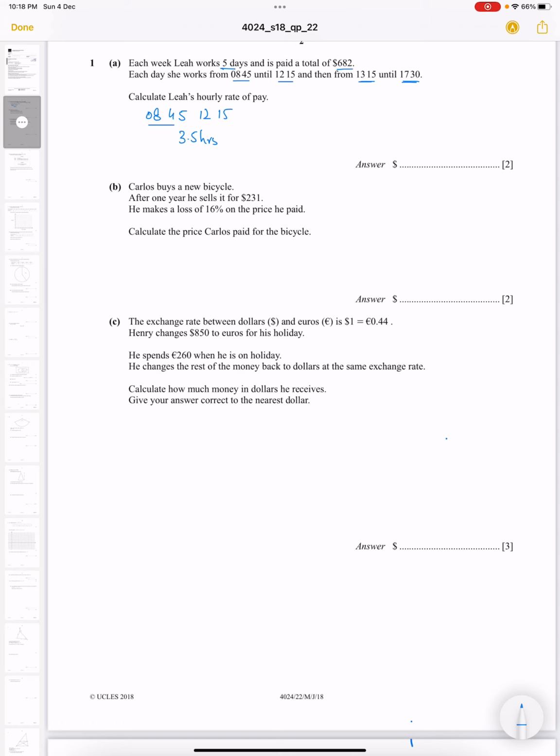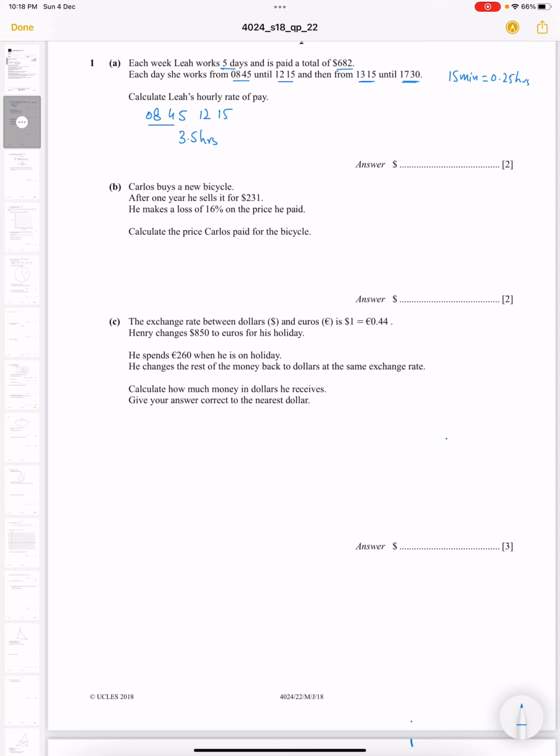So if we calculate from 1:15 till 2:15, 1 hour, 2:15 till 3:15, then 4:15, 5:15. So from 1:15 till 5:15 there are 4 hours and 15 minutes more. 15 minutes, if you divide it by 60, is 0.25 hours.